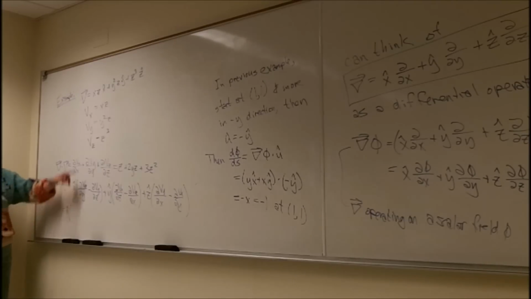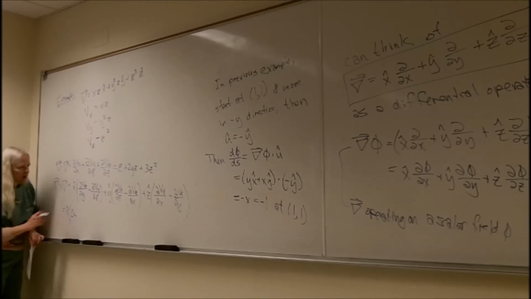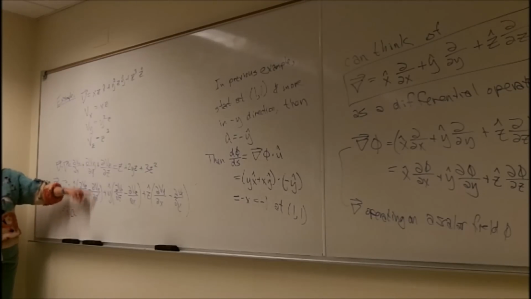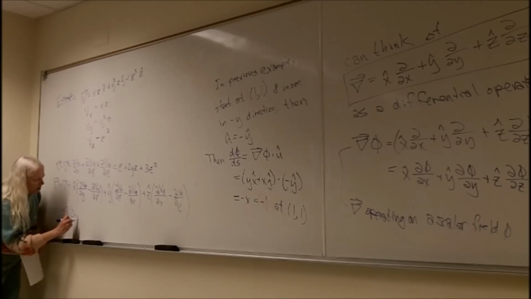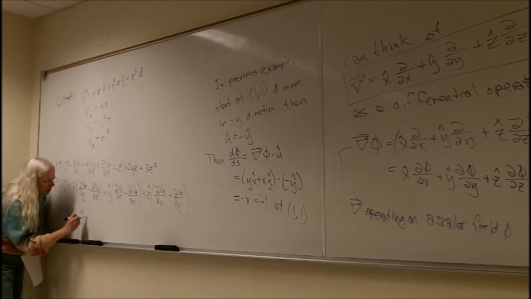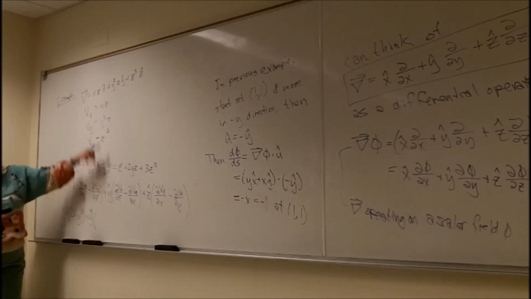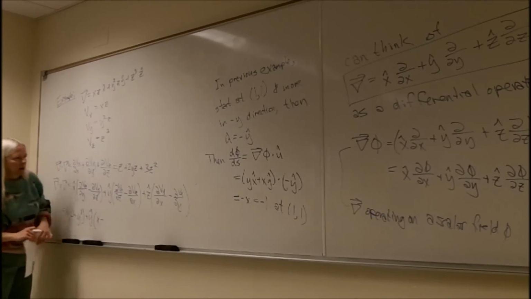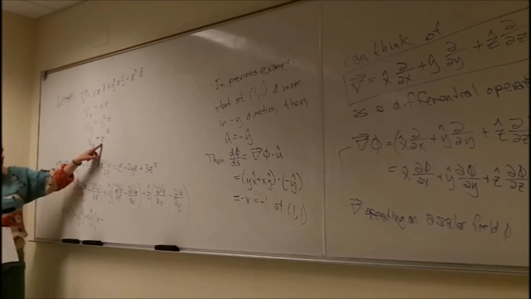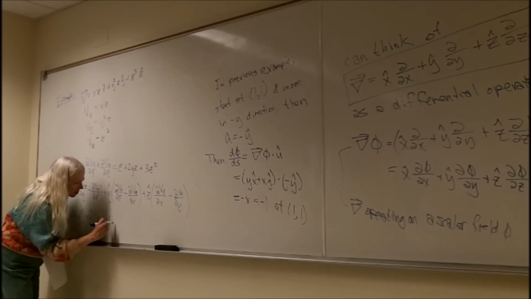So v sub z does not depend on y. So that derivative is 0. Derivative of v sub y with respect to z gives us y squared. Derivative of vx with respect to z gives me x. Derivative of vz with respect to x gives me 0. Vz doesn't depend on x.